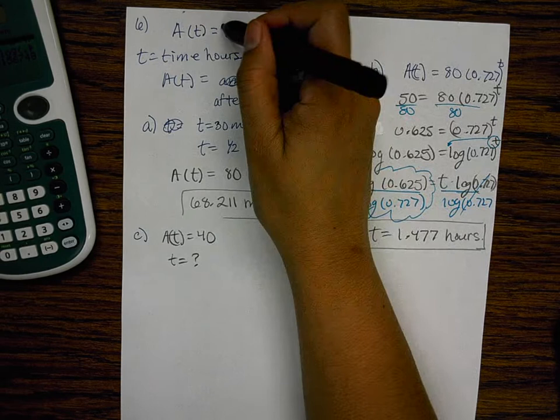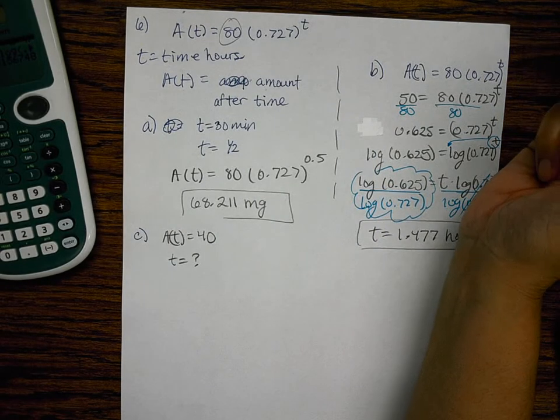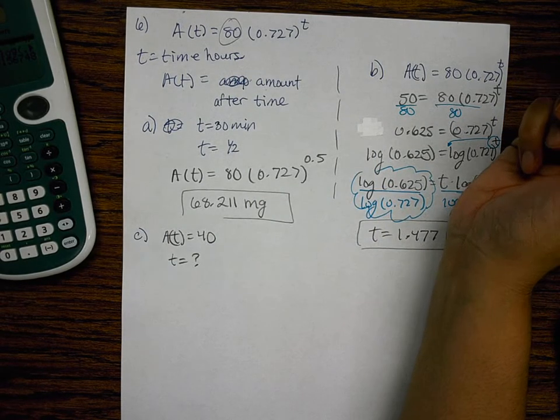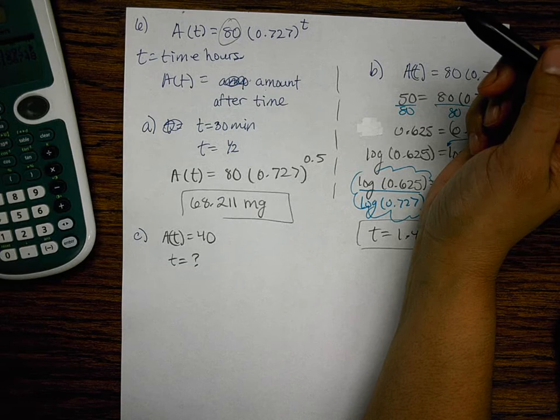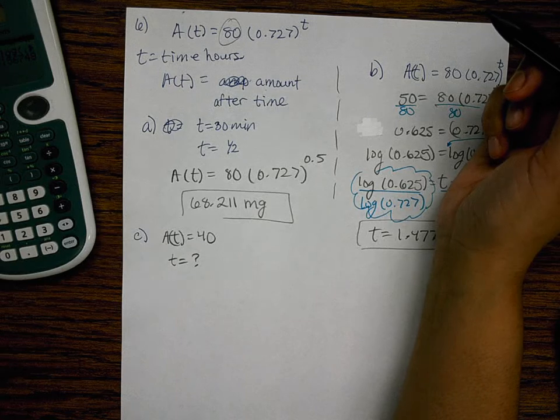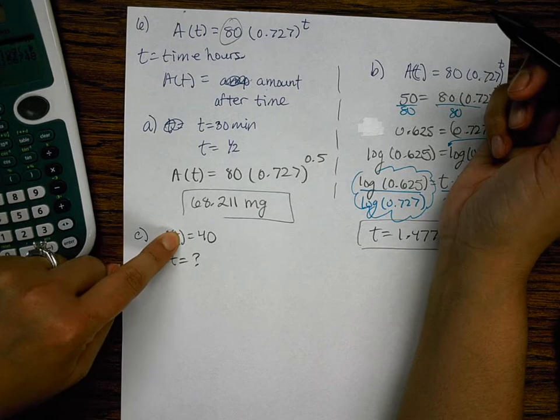We started with 80. That's the starting amount. And when you read the problem, it says the amount of anesthetic present t hours after 80 milligrams of anesthetic are administered. So 80 is the initial amount given. How much time does it take for us to end up with half of what we started with?